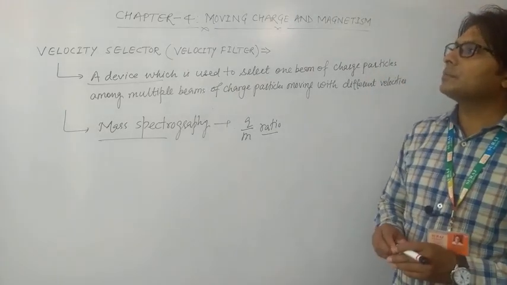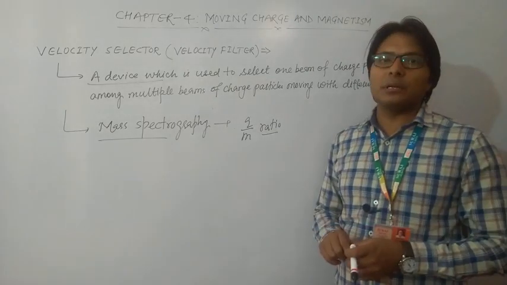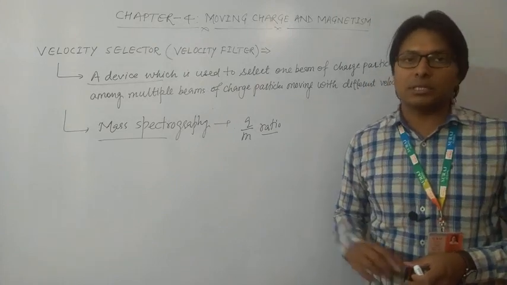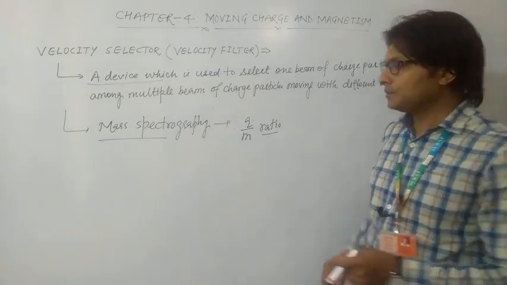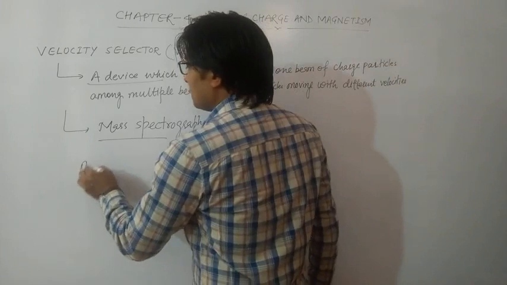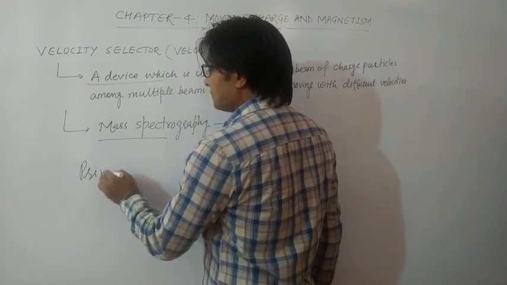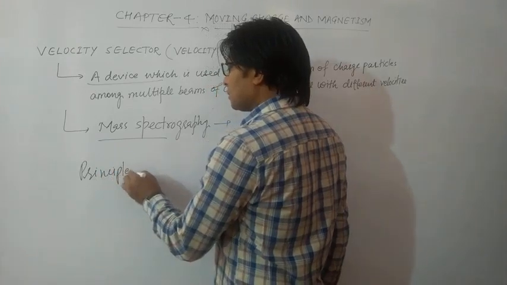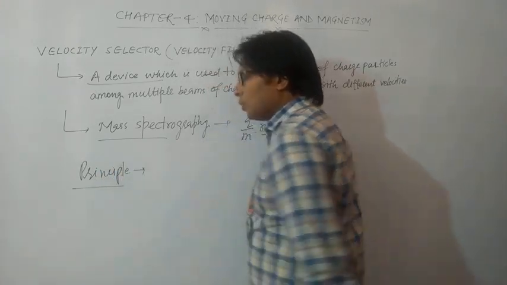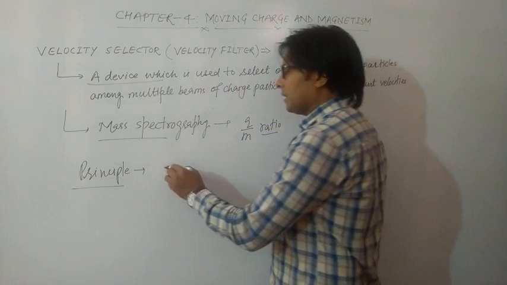Now, on which principle does the velocity selector actually work? It works on the principle of cross field arrangement.